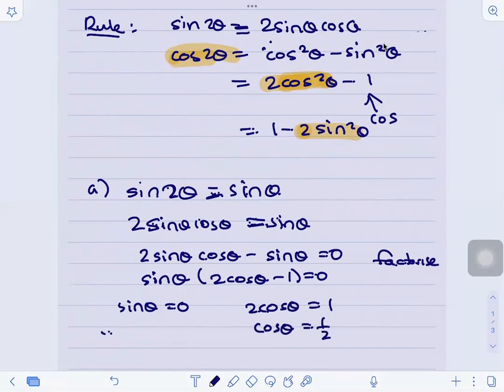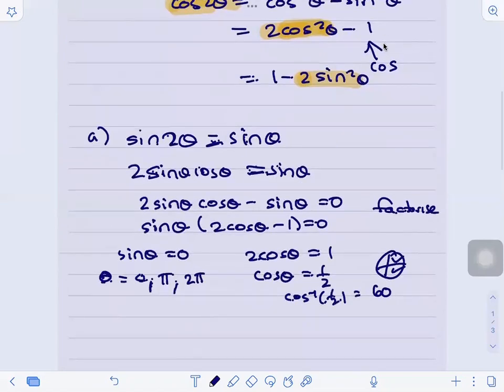Sine theta equals 0. So that's going to be at 0, 180 (pi), and 2 pi. And cos theta equals a half. Well, cos is positive there, and the acute angle, when you do cos to the minus 1 and use the triangle, is 60. So that's pi on 3.